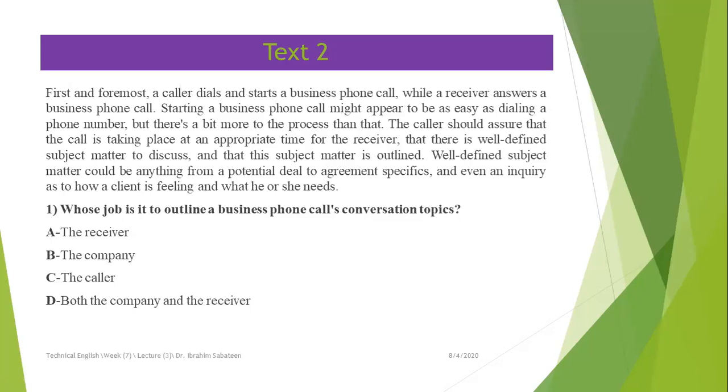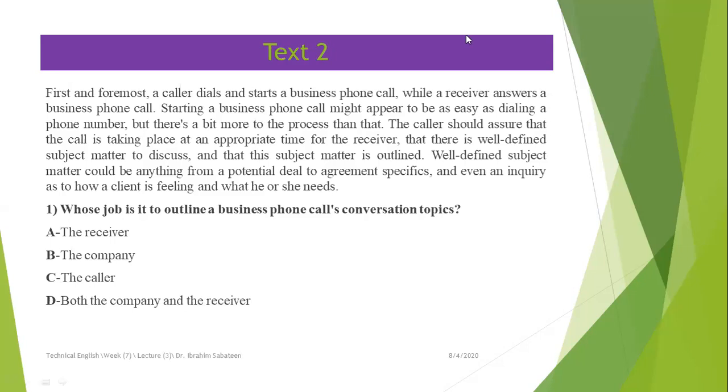Starting a business phone call might appear to be as easy as dialing a phone number. وأعتقد إنها فقط تضرب على الأرقام. That's it? No. But there is a bit more to the process than that. The caller should assure that the call is taking place at an appropriate time.